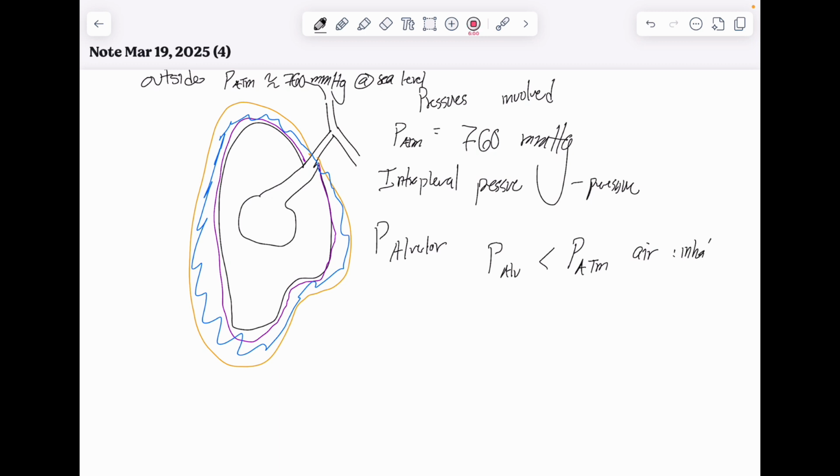And then during expiration, it's the opposite. If our P alveolar is greater than our PATM, then air leaves the lungs.